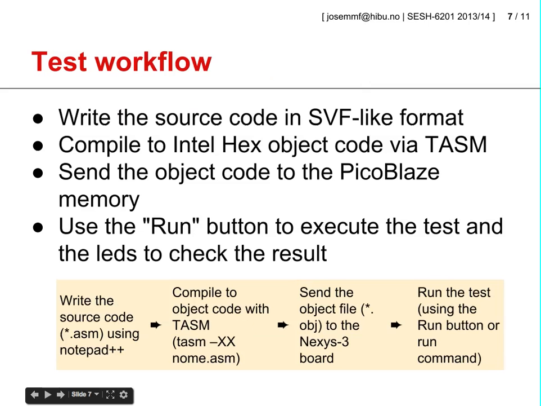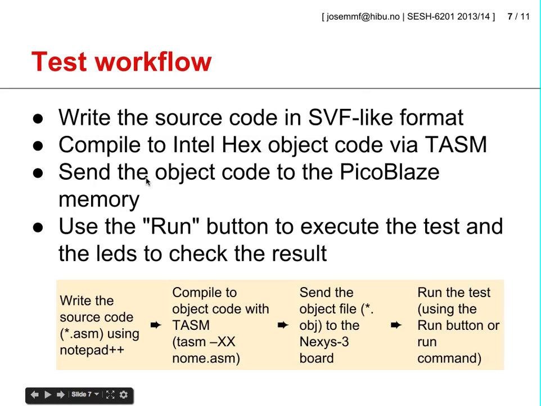So the test workflow comprises 4 main steps. We will start by writing the source code using the SVF-like commands that have been described. Then we will use the TASM cross-assembler to compile this source code into the object code file. And this object code that is generated by TASM uses the Intel hex format, so the object code will be stored as a text file.